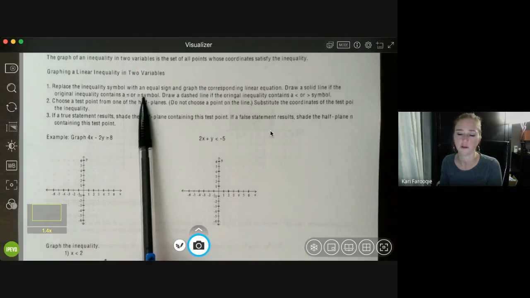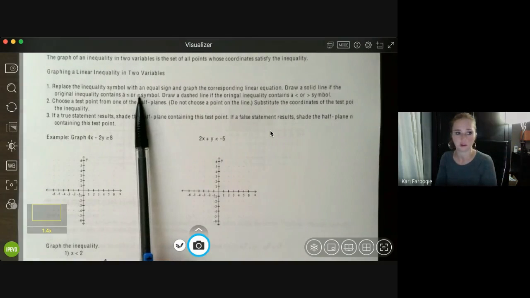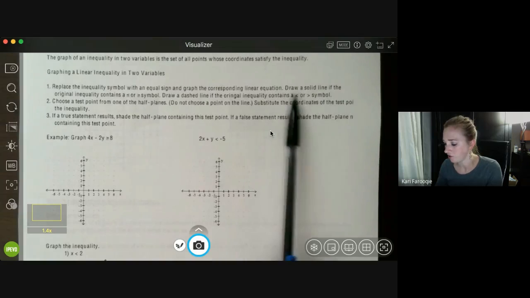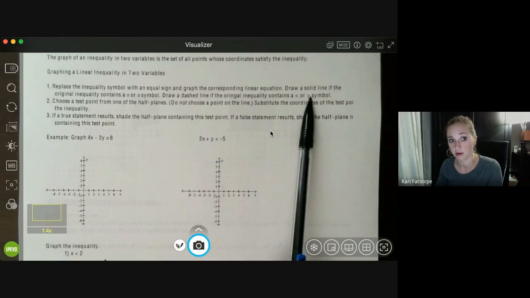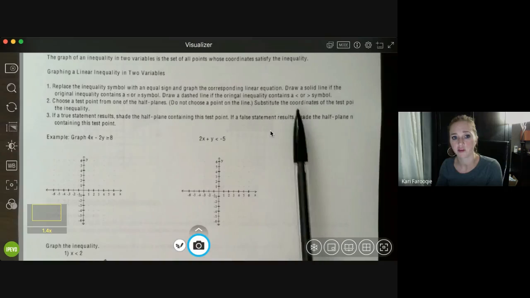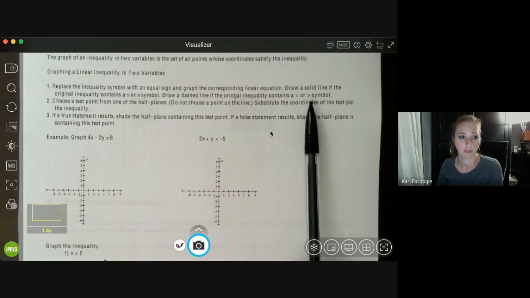And by the way, if you don't know what this is, it's going to come rushing back at you because you have done this before. Draw a dashed line if the original inequality contains less than or greater than. So this one's got the equal to in it. That means solid line. If there's no equal to in it, that means you're drawing a dashed line.